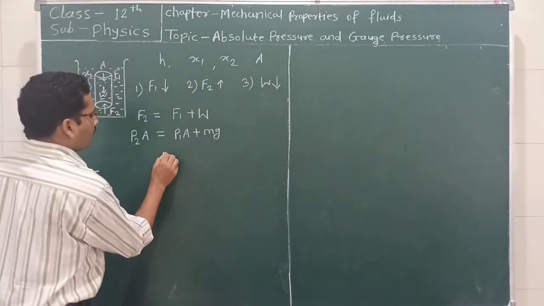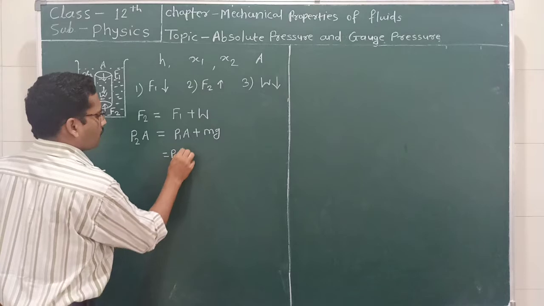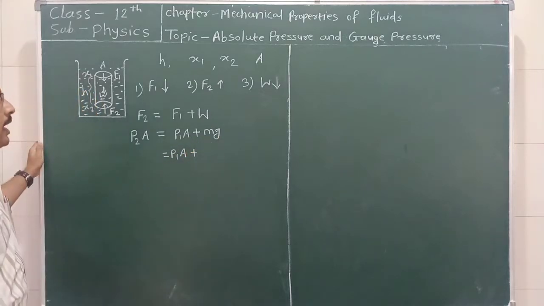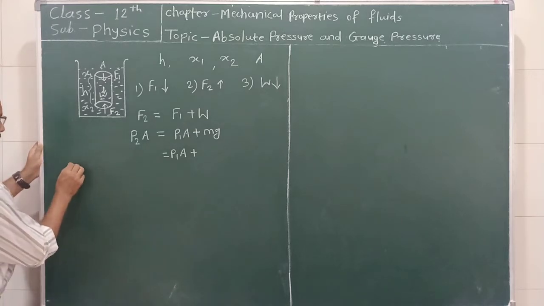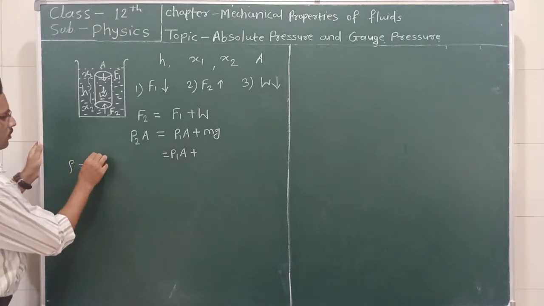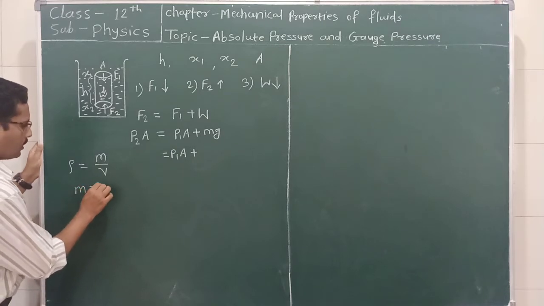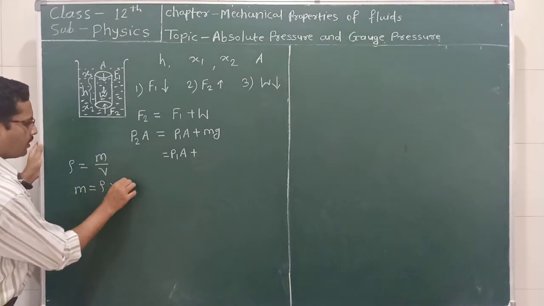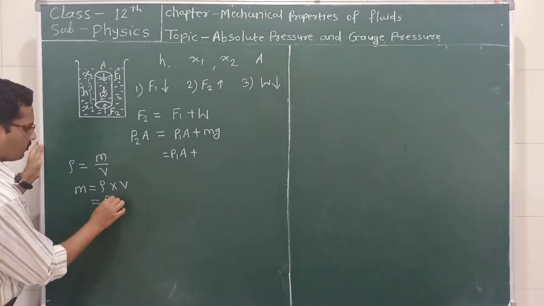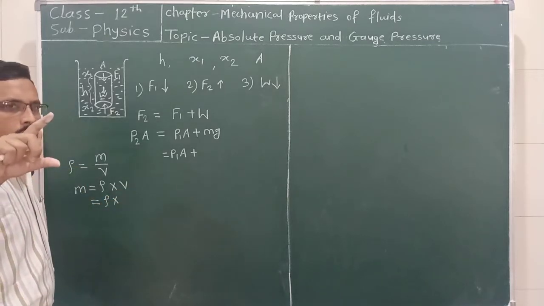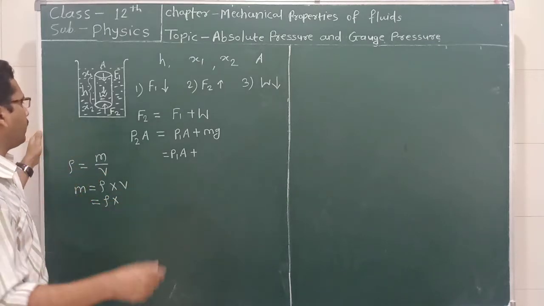Now we can write P1A plus mg, where m is the mass. How can we calculate the mass? We know that rho is equal to mass divided by volume, so mass is equal to the density rho multiplied by V. Now V is nothing but the height multiplied by area.